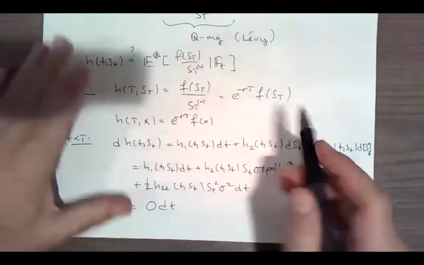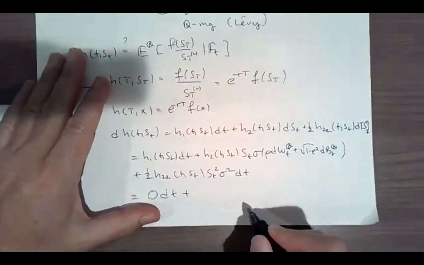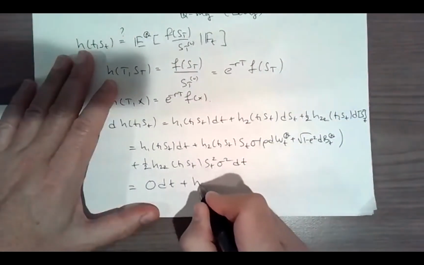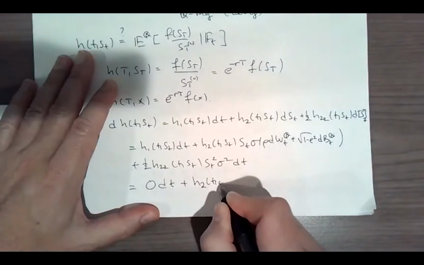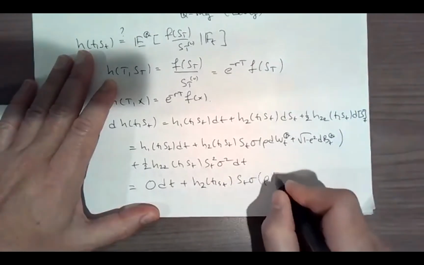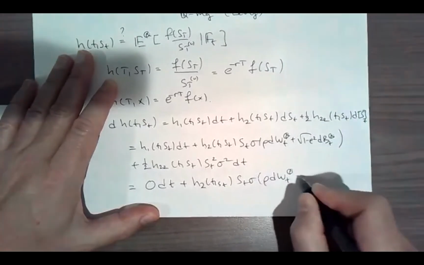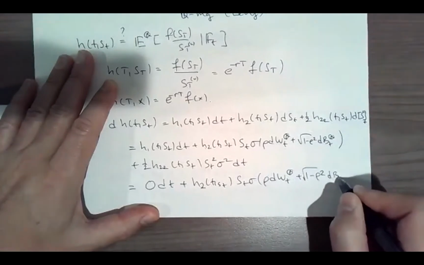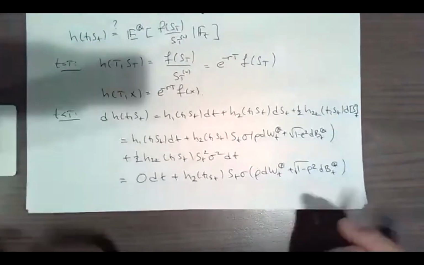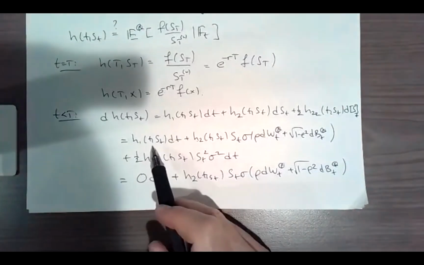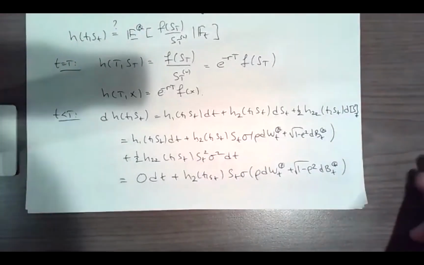It's a Levy martingale. So 0 dt. And what's the volatility? The volatility is H2 T ST ST sigma, and then the two Brownian terms. Okay, so if I want this 0 to be here, there are a bunch of dt terms that must cancel out. So we're going to get the PDE.